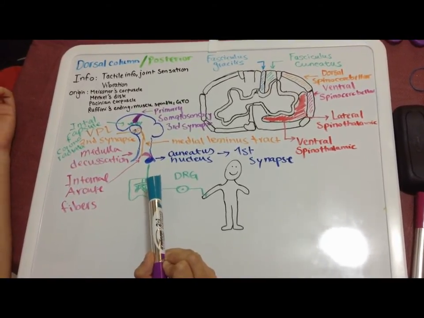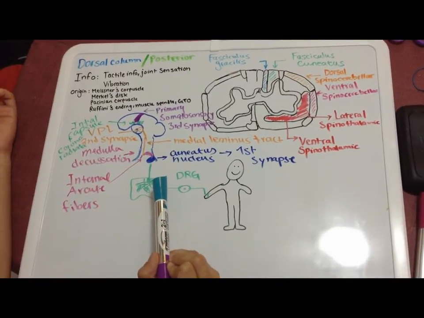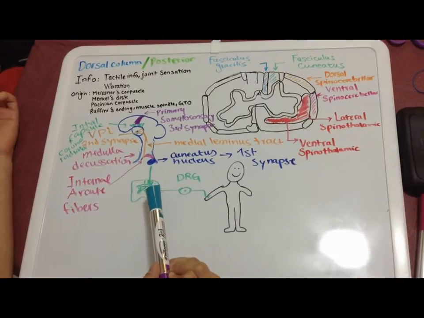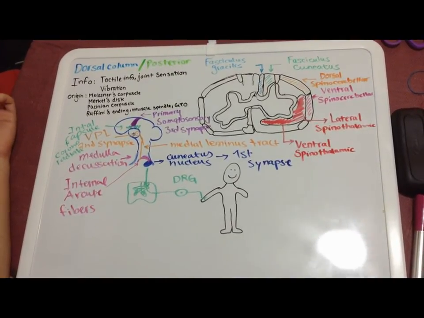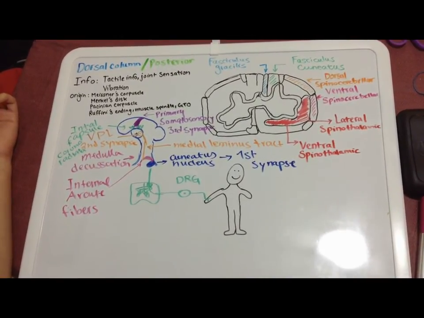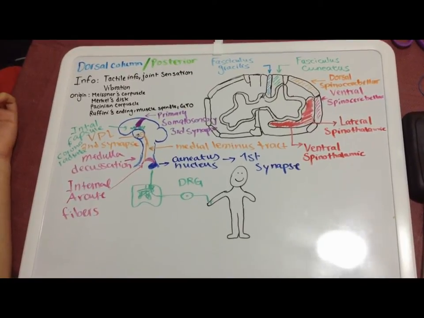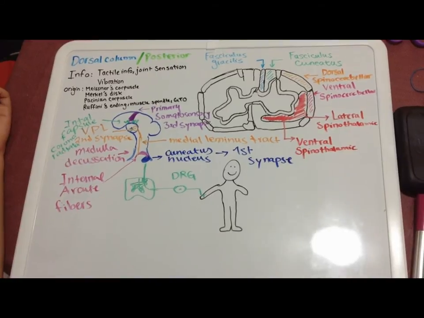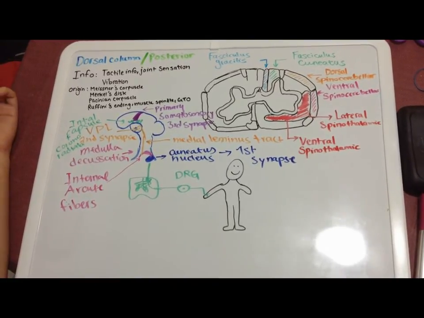Then it's going to decussate via internal arcuate fibers. It's going to go up on the contralateral side by the medial lemniscus tract. It's going to have its second synapse in VPL in the thalamus, and then via the projecting fibers such as the internal capsule and corona radiata, it's going to have its last synapse in the primary somatosensory cortex.